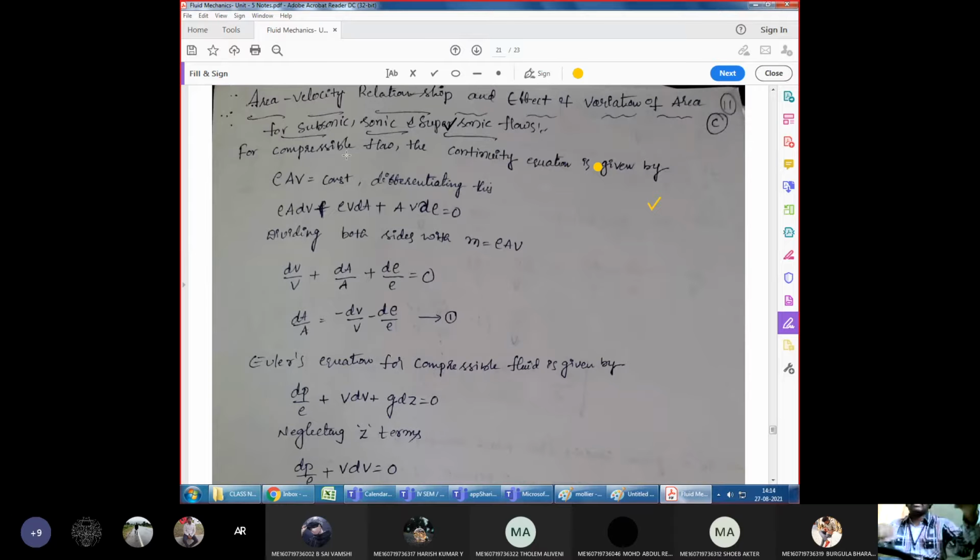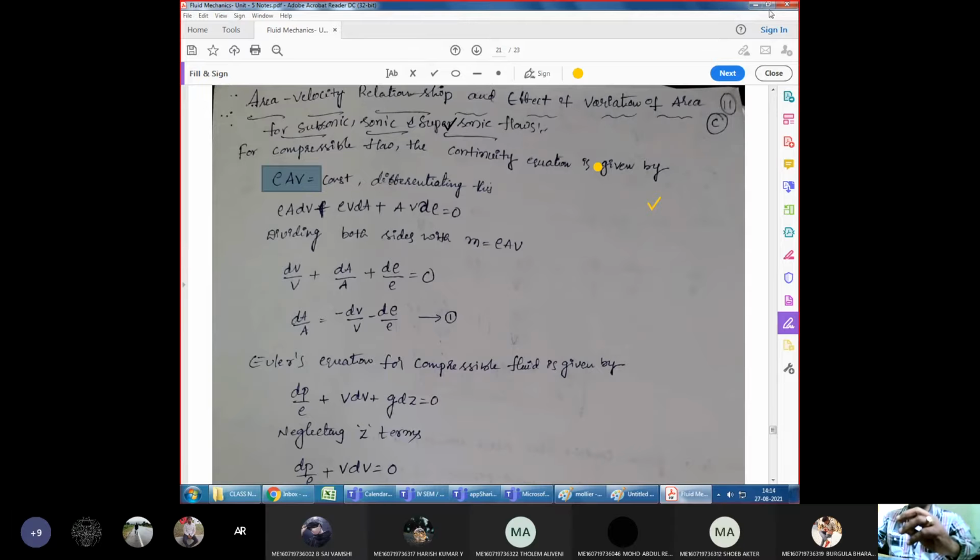According to conservation of mass, the mass flow rate should be constant. We can calculate the mass flow rate per time by multiplying density with area with velocity. What units do you get? Density is in kg per meter cube, area is in meter square, velocity is in meters per second.